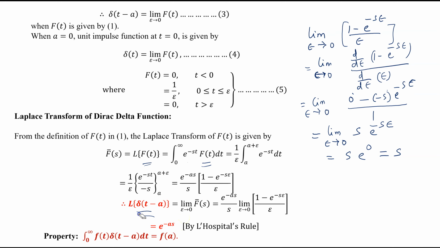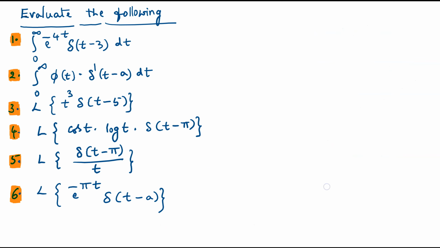So using this definition of Dirac delta function, we can prove one more property. So that property is integral 0 to infinity f of t into delta t minus a dt equal to f of a. This is one property. I have not given proof of this property.